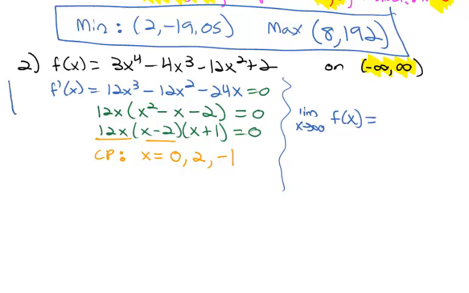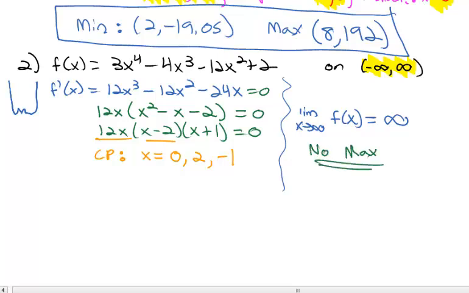It's going to come in from the top, wiggle a bit, and go up to the top. As x goes to infinity, this guy goes to infinity as well. As x gets huge, this guy gets huge, which means there is no maximum on this graph, because it's going to go forever up on both sides.